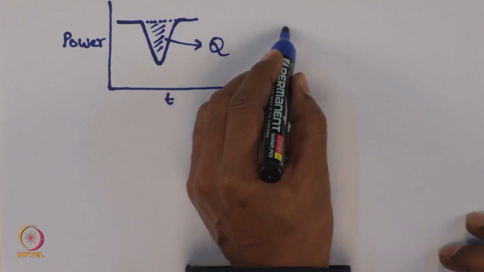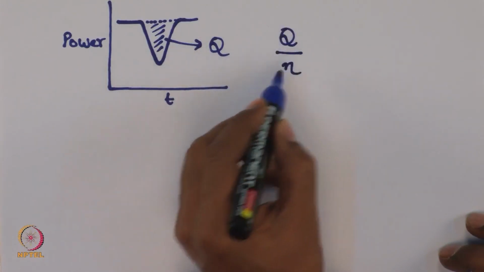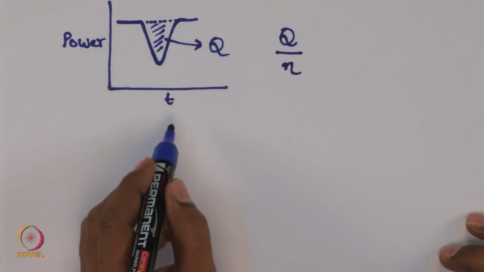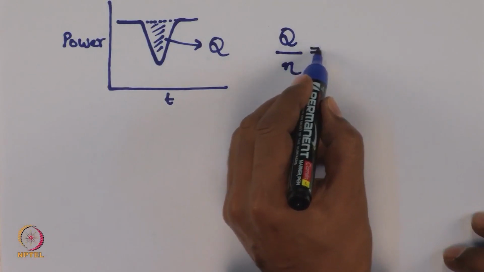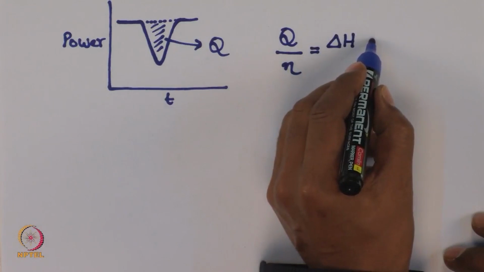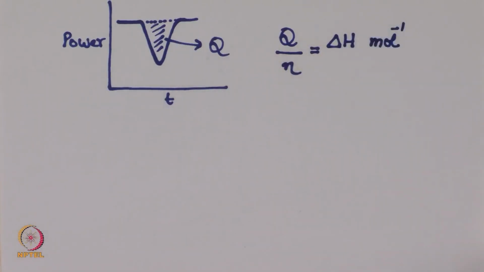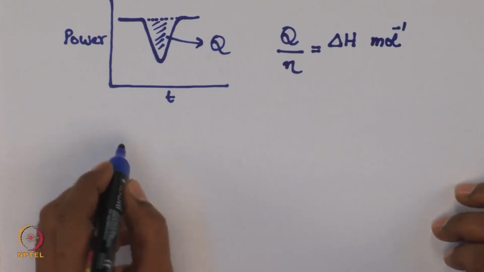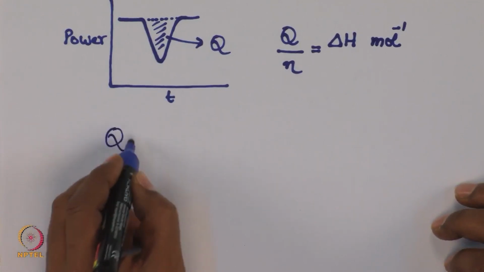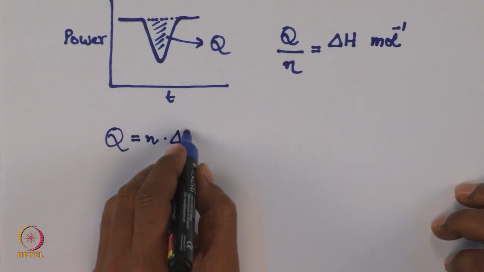Now, if I divide Q by the number of moles of the reactant added, then this becomes delta H and the units will be per mole. So, therefore, I can write Q is equal to N times delta H.